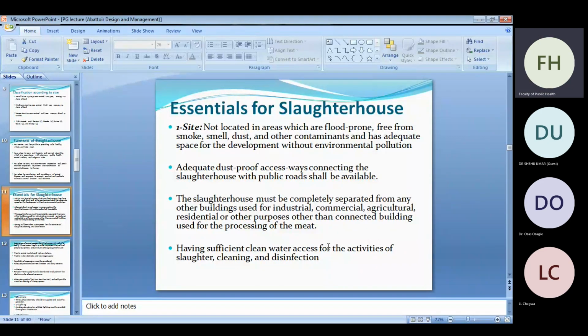Then we also have the availability of sufficient clean water. Water must be accessible for slaughter activity, cleaning, and also disinfection activities in the slaughterhouse.